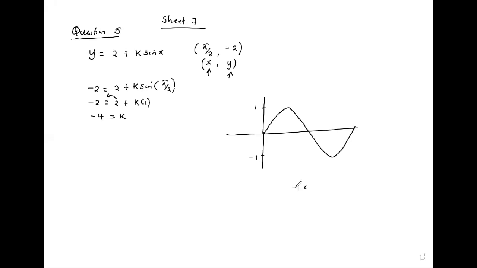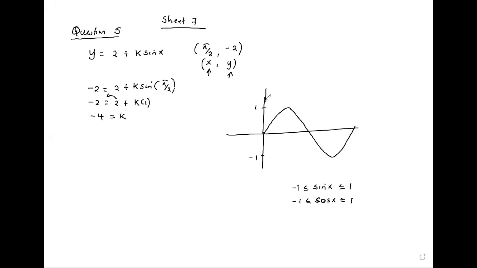The lowest value is negative 1. This is how far sine and cosine can go. Even cosine is the same. I mean cos. It also goes as far as negative 1 and 1 only.